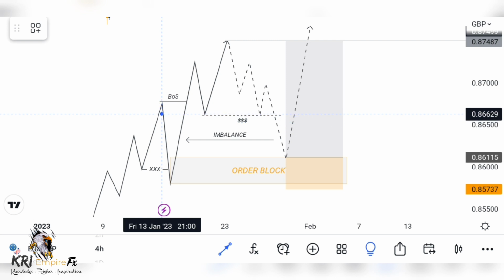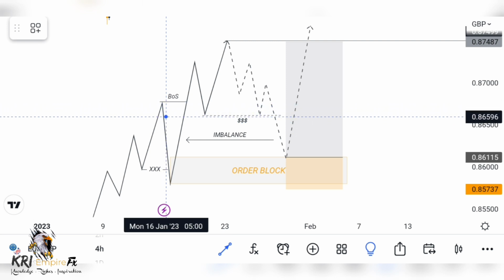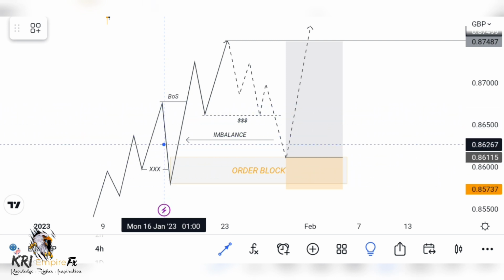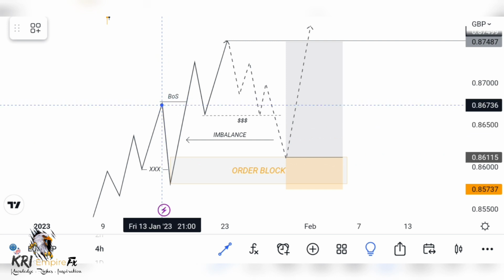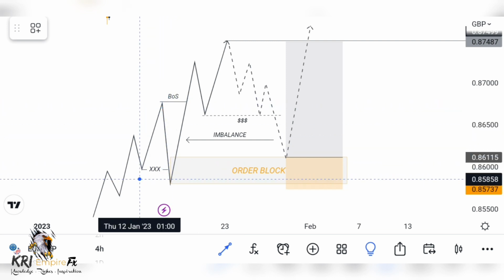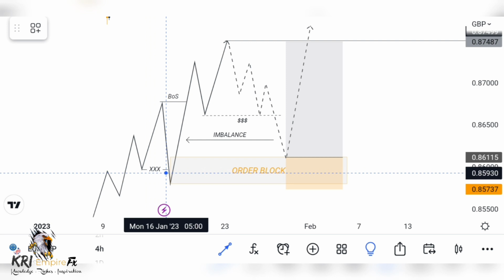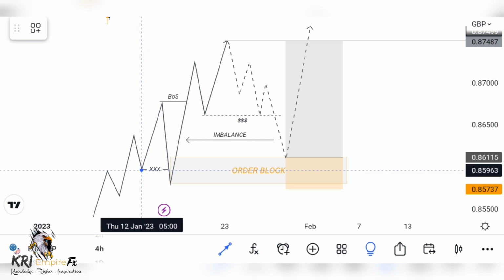But you'll find that sometimes the market will do a pullback that will break a certain structure or take out liquidity. This is what I mean when I say that the market will take out liquidity.